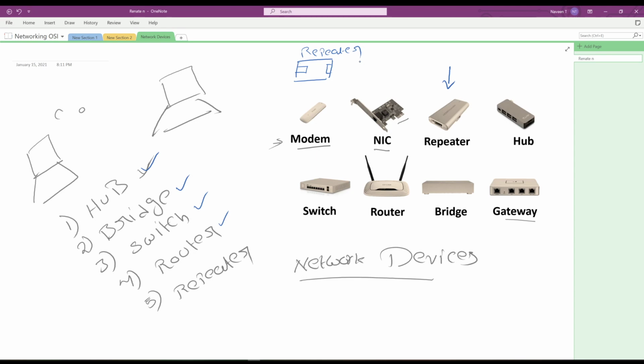What a repeater does is boost the weakened signal, so that the end destination won't receive the weak signal. Instead it will receive the strong signal. And let's say these repeaters, let's say cable TV.